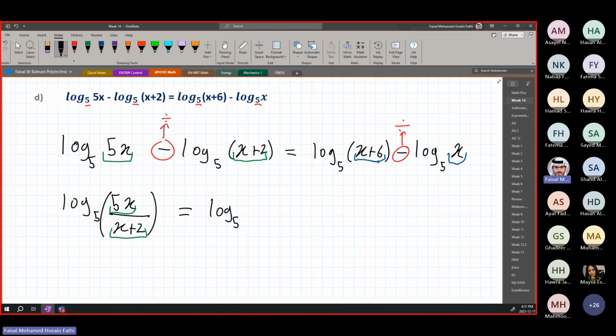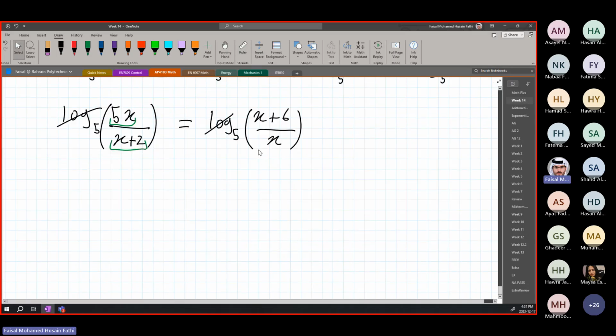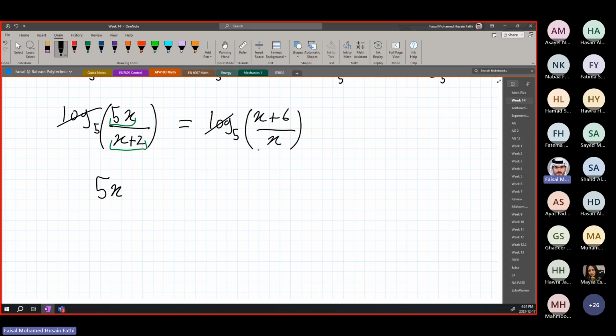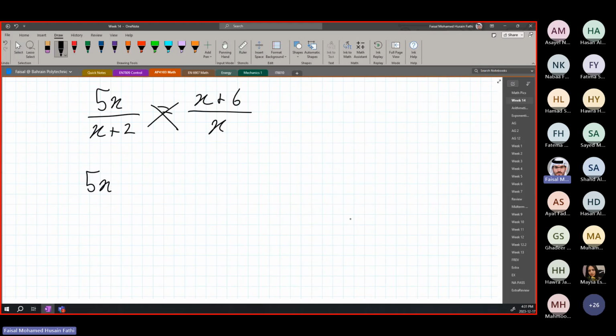Log of x plus 6 divided by x. We have log on both sides, so we can cancel them out directly. We are left with the equation 5x over x plus 2 is equal to x plus 6 over x. Cross multiply. 5x times x is equal to x plus 6 times x plus 2.